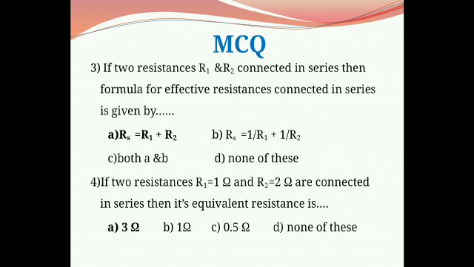Fourth question is, if two resistances R1 equals 1 ohm and R2 equals 2 ohm are connected in series, then the equivalent resistance is. We know the formula for equivalent resistance in series is Rs equals R1 plus R2. Therefore, adding these values, we get 1 plus 2 equals 3 ohms. Therefore, the correct option is A.